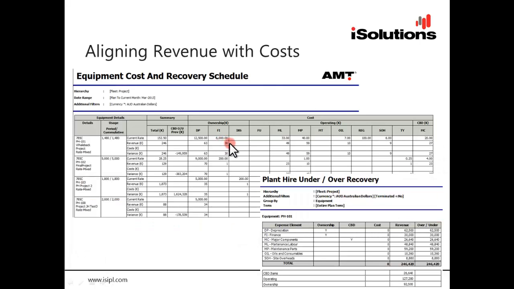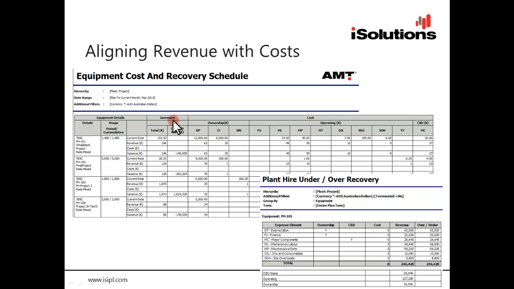I've got a couple of examples here. Again, apologies for the quality of the data, but you'll get the general idea. So in this report here, we've got an equipment at a certain project. It's got what the current rate is, what the revenue is, what the cost is, and what the variance is.